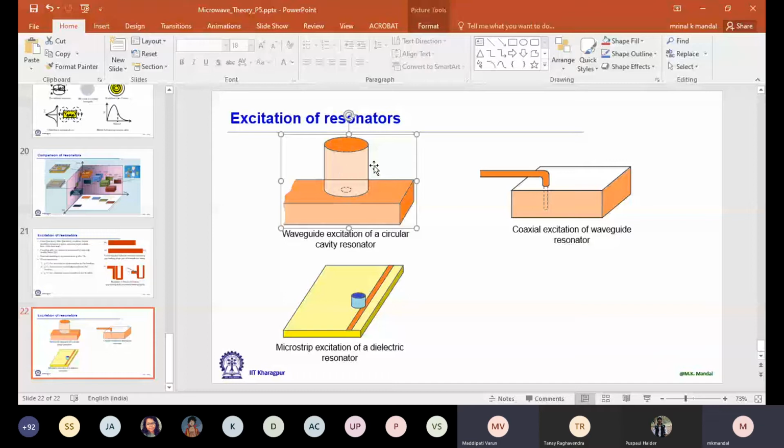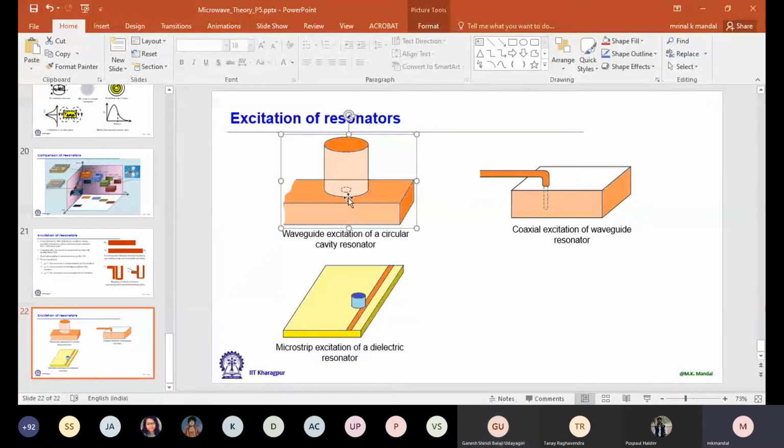This type of cavity we use as a frequency meter, and it is connected to a rectangular waveguide through a common aperture. So in the common metal plane we have a hole, that is the aperture. Power is coupled to this cylindrical cavity through this aperture.